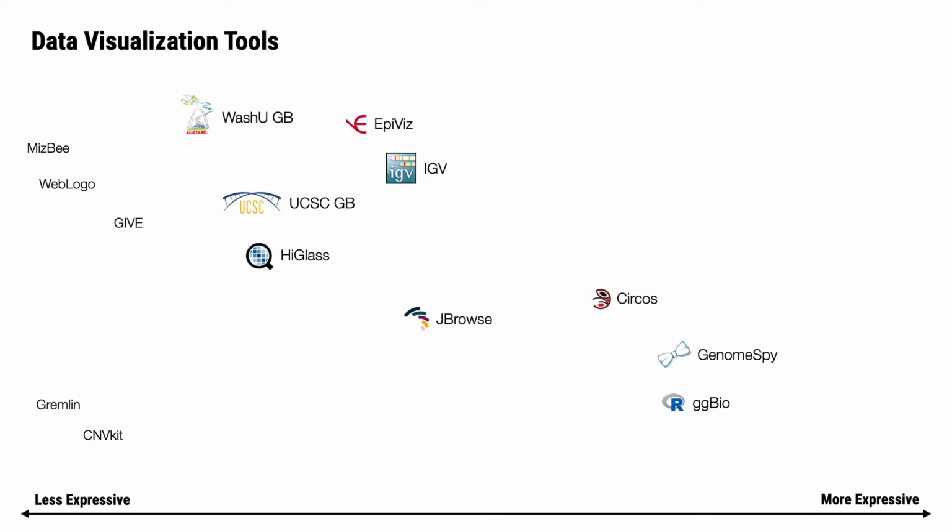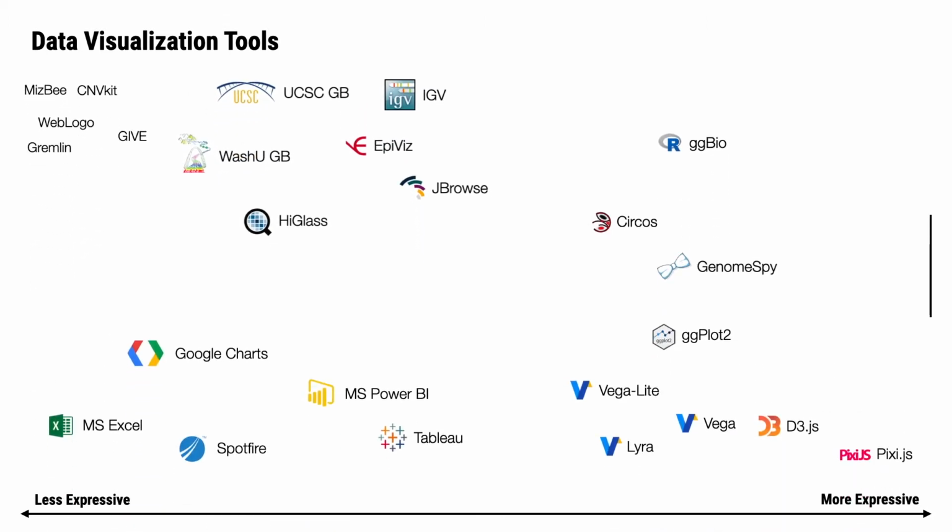In both the genomics and general visualization fields, several expressive tools have been introduced to overcome such limitations in the template-based tools. With this new y-axis, genomics tools are positioned on the top, while more generic tools are positioned on the bottom.